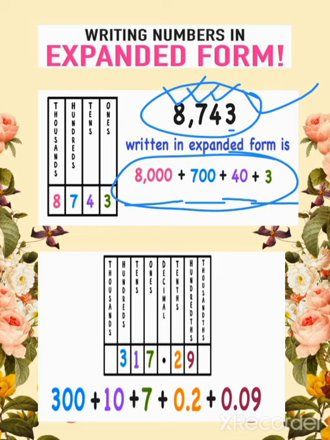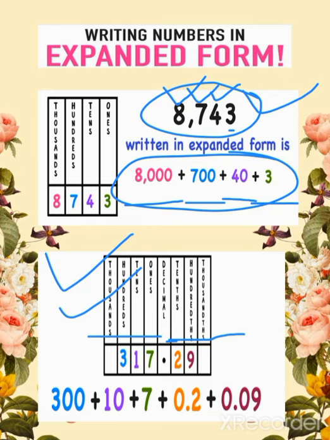We already know about the place values for decimal numbers. This is the place value table for decimal numbers again. This is our decimal point; here are ones, tens, hundreds and thousands in the normal place value system, and after the decimal our places will be tenths, hundredths, thousandths, ten-thousandths and so on. For writing the expanded form of any decimal number, we will take help of this place value table.